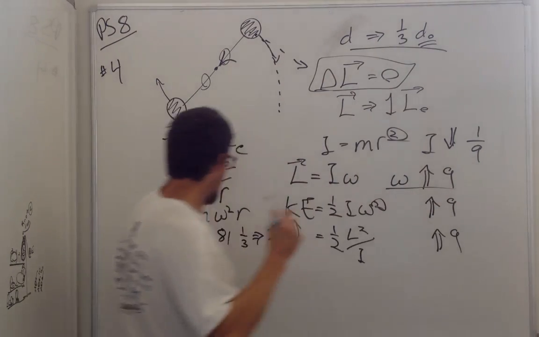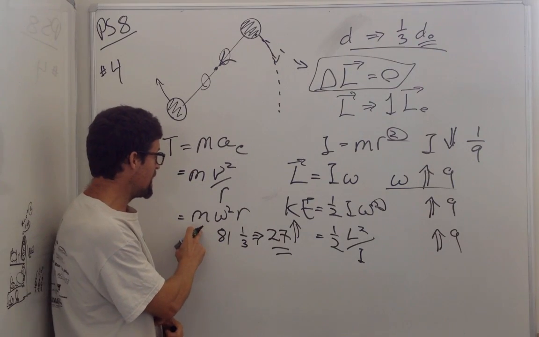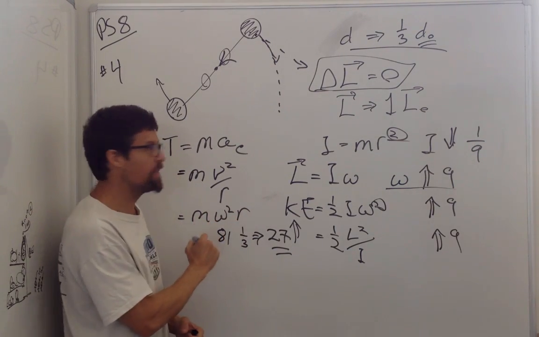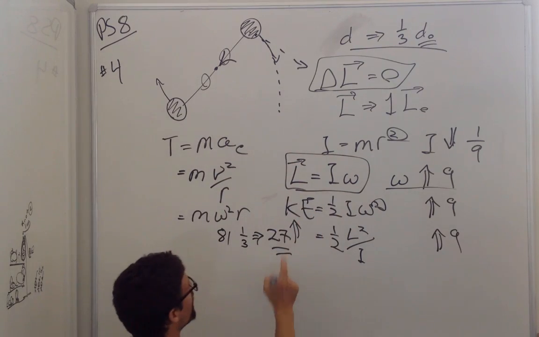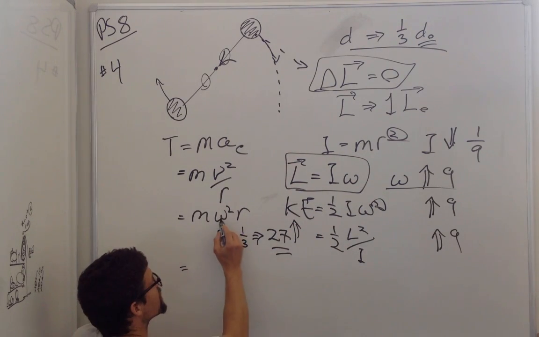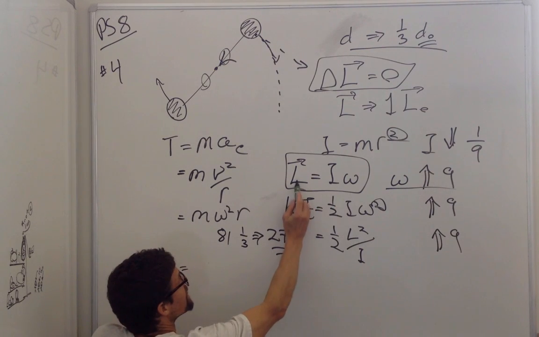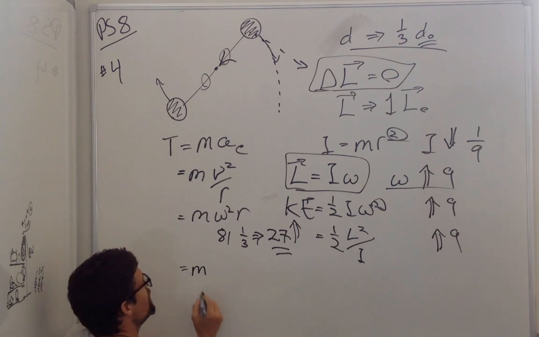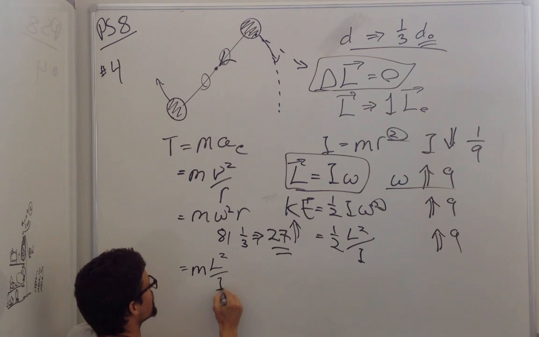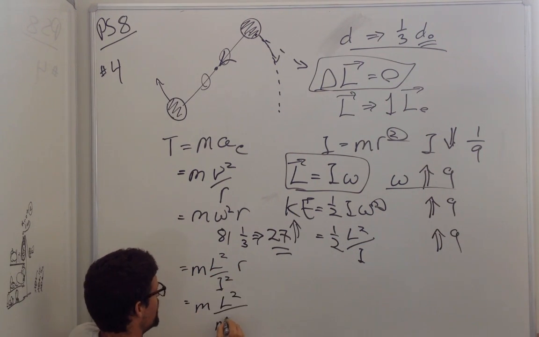In any case, I don't like the way this is written either, because all of these are changing. I want to put this in terms of L. So how about if instead of omega squared, we expressed omega as angular momentum divided by I. So then we have m L squared over I squared times R. And so I is equal to mr squared.